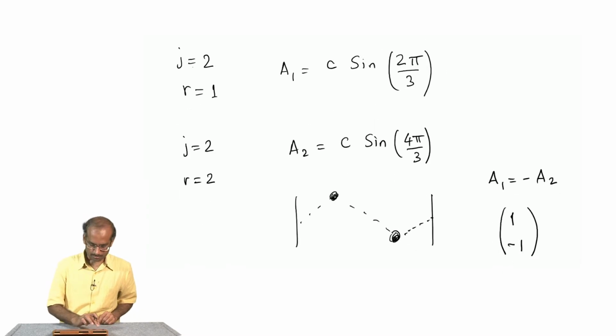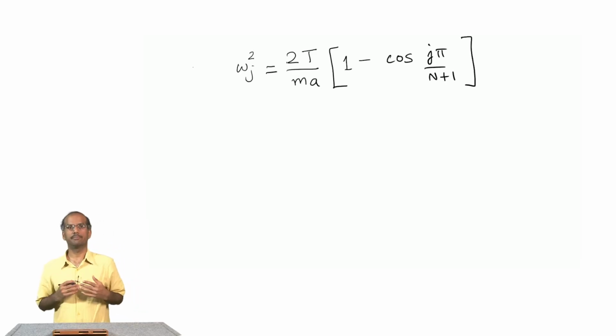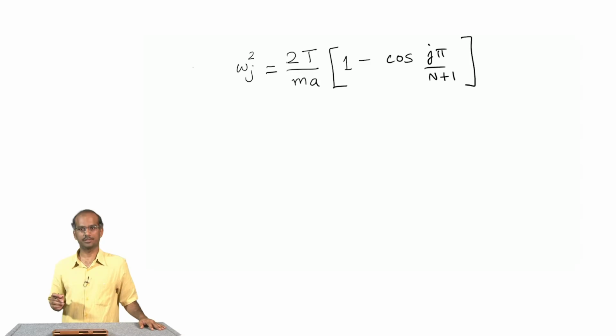So, in general we kept arguing that if you have n particles, you should have n normal mode frequencies. Can we say something about what is the largest frequency that is possible? Let us address that question. Now, I need to determine what is the maximum normal mode frequency that is possible.